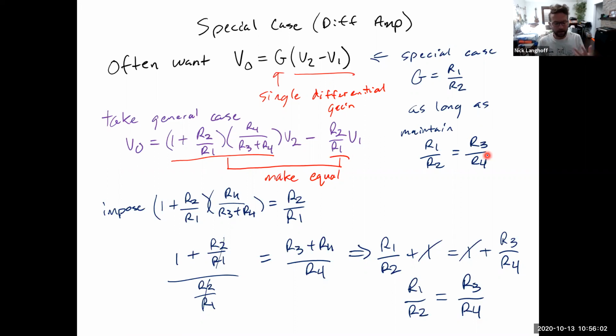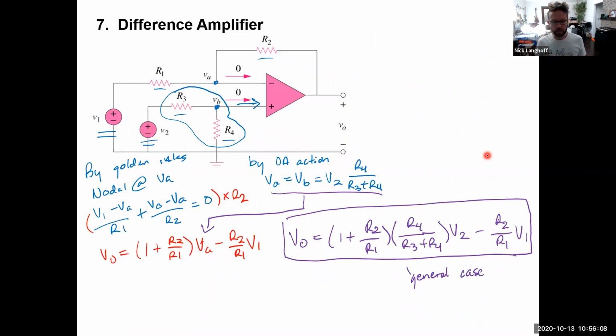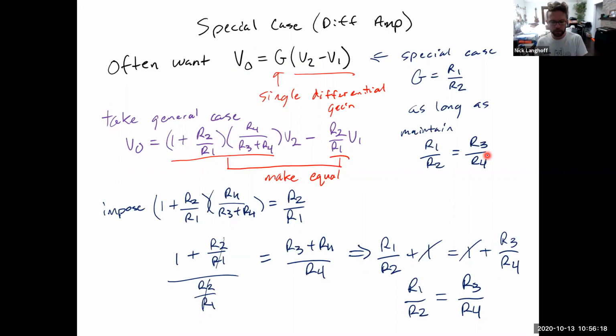So if you encounter a differential amplifier that has 4 resistors, but the ratio of R1 to R2 is the same as the ratio from R3 to R4, you don't have to use the general case formula. You can go and use the final formula.